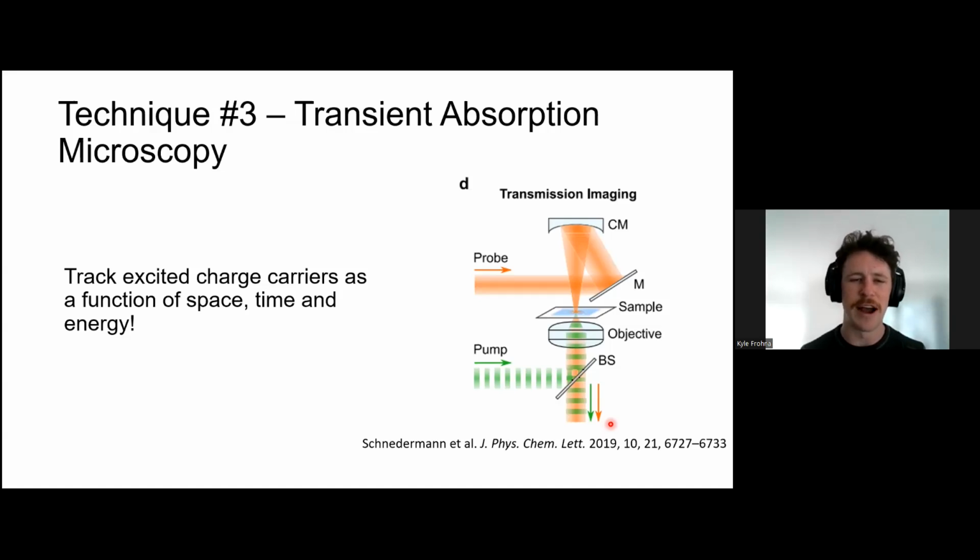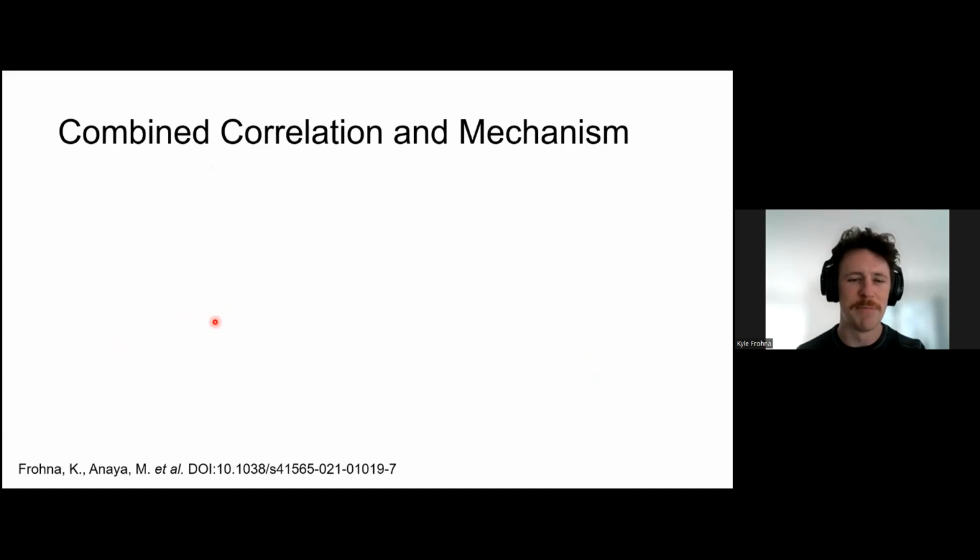You can track the charge carriers as a function of time and energy. But additionally, in a microscope, we can track them as a function of space too. In the interest of time, I'll move through this quite quickly, but we now do a hero experiment that I wouldn't necessarily recommend anyone does, where we pointed photoluminescence, X-ray fluorescence, and transient absorption microscopy on the same spot to try to figure out what was going on.